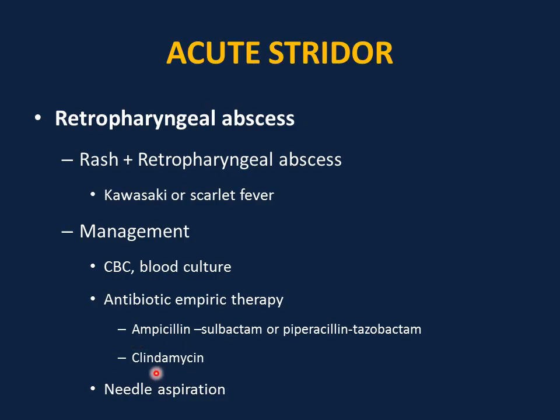Clindamycin as well. Once this condition is suspected or diagnosed as retropharyngeal abscess, ENT consult is necessary. Most cases of retropharyngeal cellulitis may respond to antibiotics alone, but once the abscess is formed, it needs to be aspirated. So ENT consult is necessary as soon as possible, especially if there is airway obstruction.